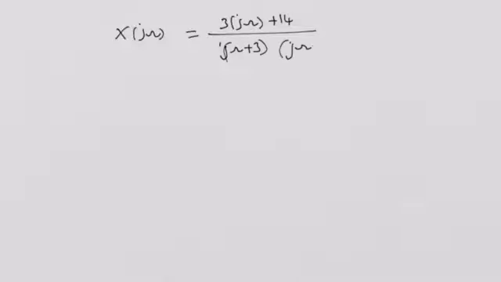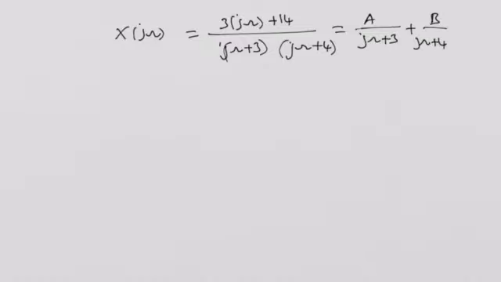So using partial fraction, it is possible for me to write the given X(jω) as 3 times (jω plus 14), numerator remaining the same, the whole divided by (jω plus 3) multiplied by (jω plus 4). There are two factors. Let me write them as A divided by (jω plus 3) plus B divided by (jω plus 4).